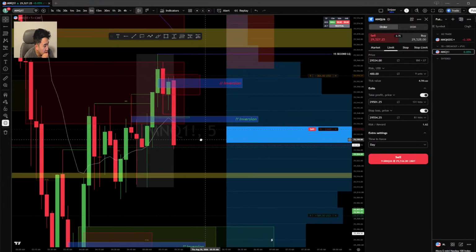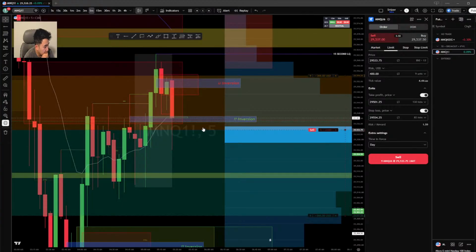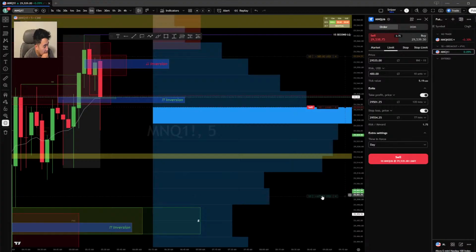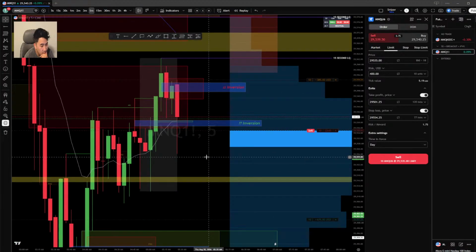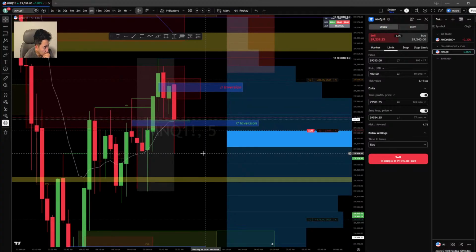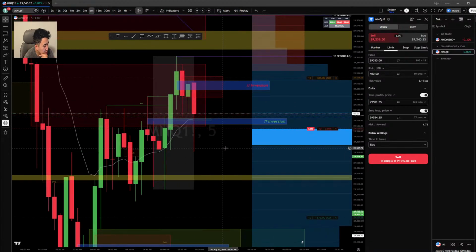This would be a breakout. I want it to close somewhere up here so I could take the shorts to target down here. So we got 3 minutes and 30 seconds left to see if we could close over this 13 EMA.